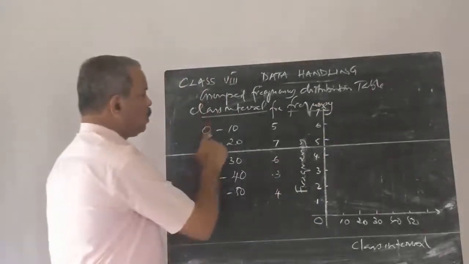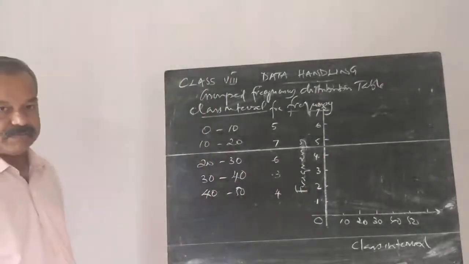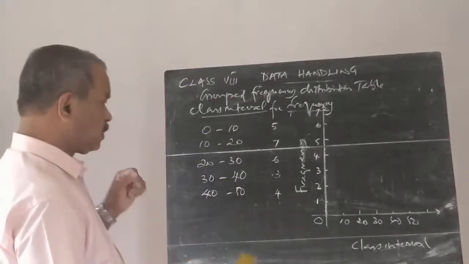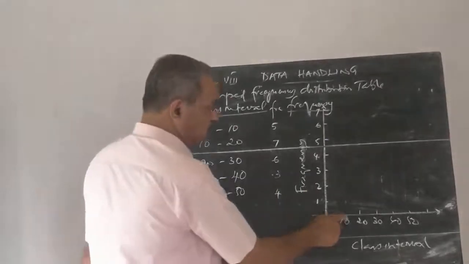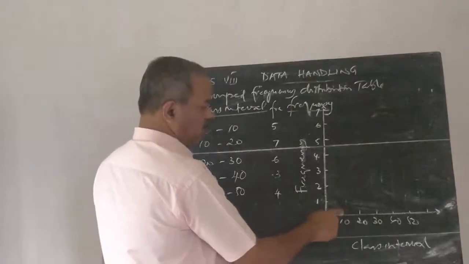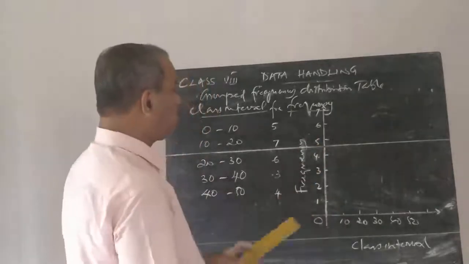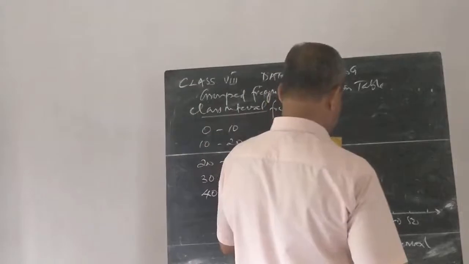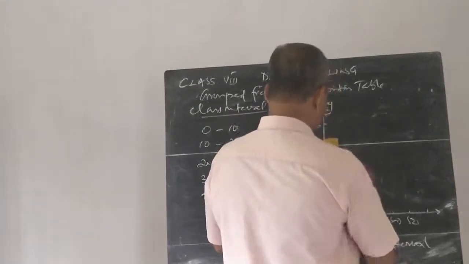Now 0 to 10, frequency 5. Erect a rectangle on 0 to 10 of height 5 units.